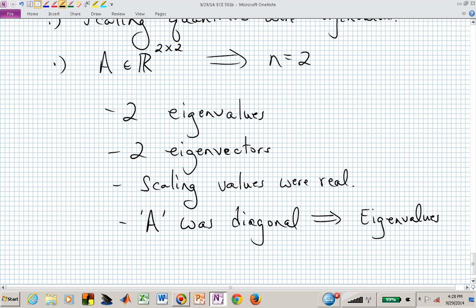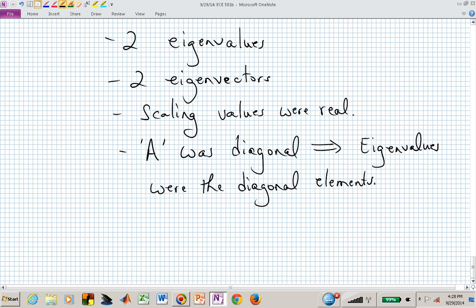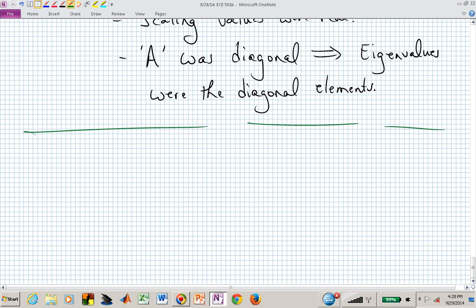The diagonal is both upper triangular and lower triangular, and for either upper triangular or lower triangular, the eigenvalues will be on the diagonal. The eigenvalues were the elements on the diagonal. That was basically 2 scalar problems because of the diagonal nature of the matrix.